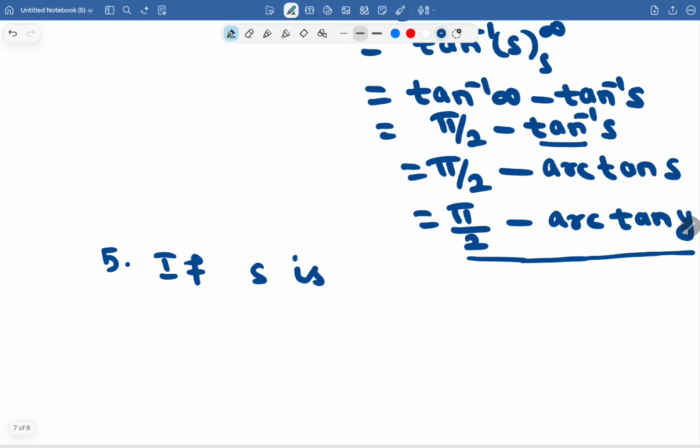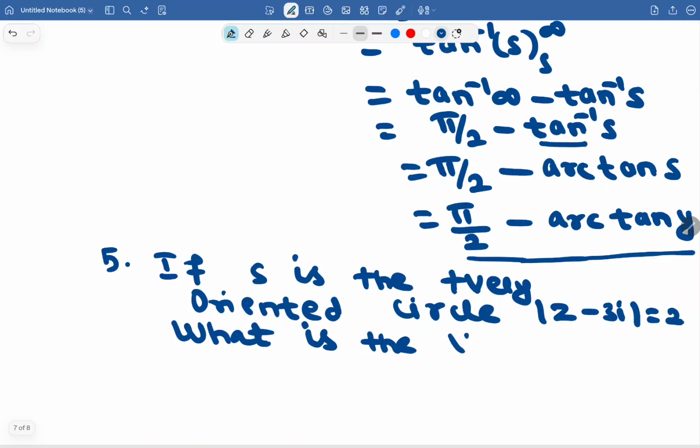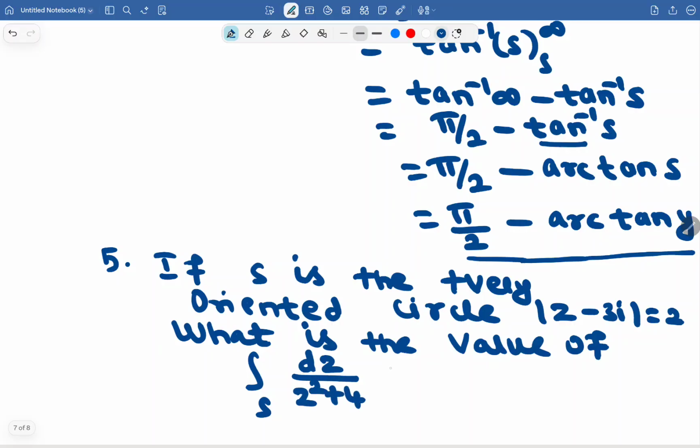If S is the positively oriented circle, modulus of z minus 3i, which is equivalent to 2, what is the value of integral S dz by z square plus 4?